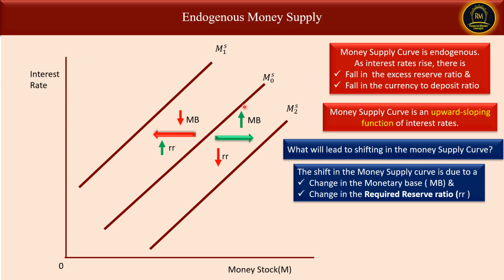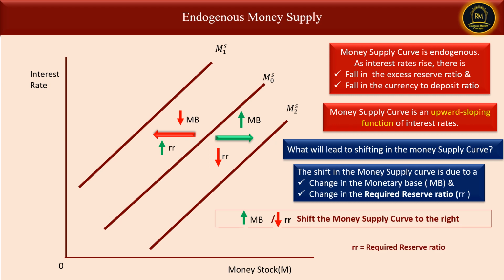But whatever the changes or decisions taken by the central authority, that is RBI, regarding the monetary base or the required reserve ratio, the endogenous money supply curve will shift either towards the left or towards the right, leading to an increase or decrease in the money supply in the economy. So here you can see that if the monetary base increases and required reserve decreases, the money supply curve will shift towards the right and the money supply increases.